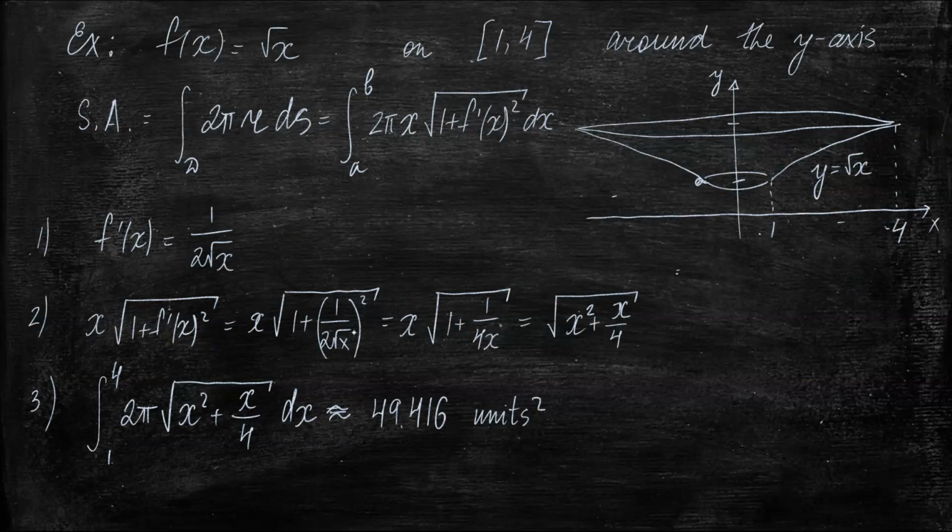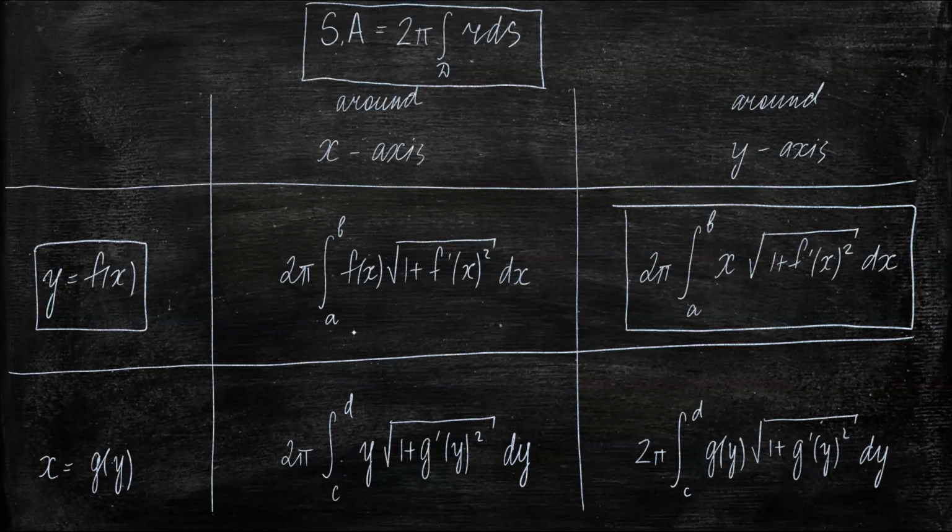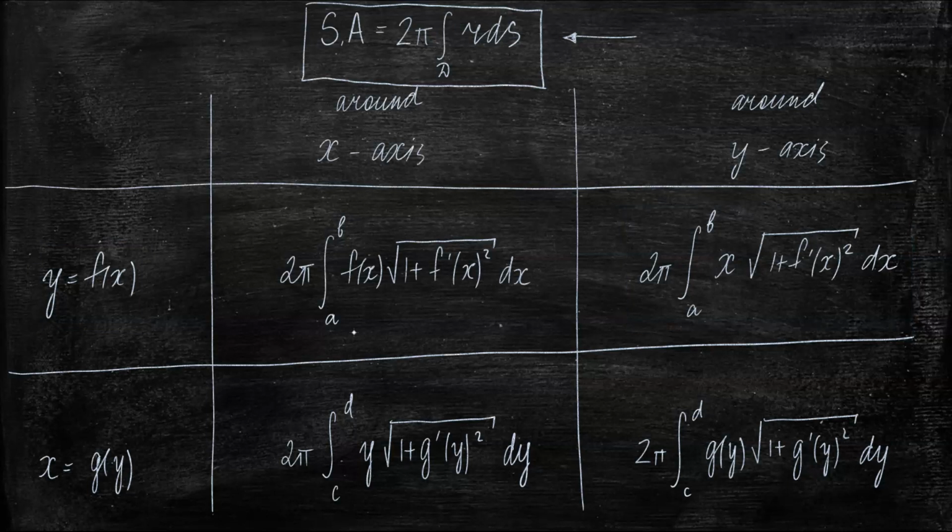So the main takeaway from this lesson is this formula. This is the main formula, and this formula can be interpreted in 4 different ways depending on what's originally given to you, which is great.